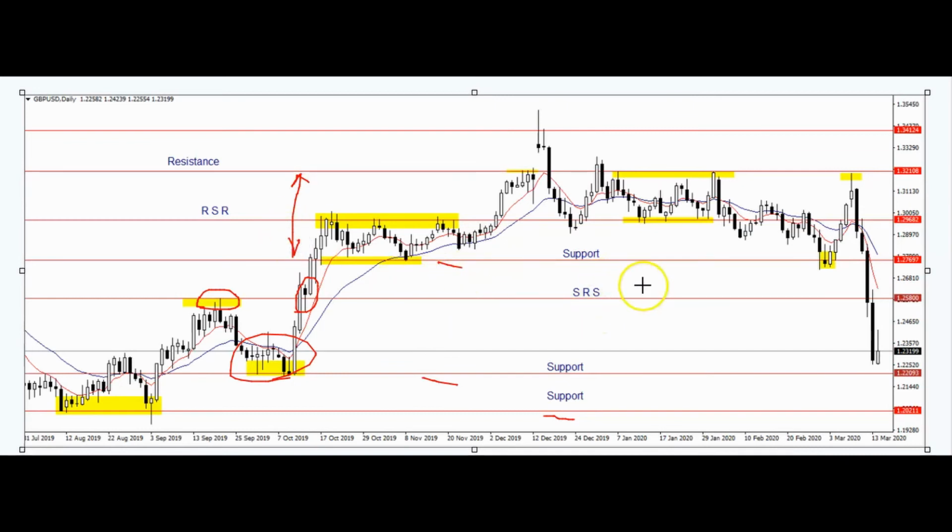That has had support through here, and of course through here, where price attempted to break through that, head lower, got rejected, and of course capitulated prices back up to this resistance area here, which is the top of that range bound zone.